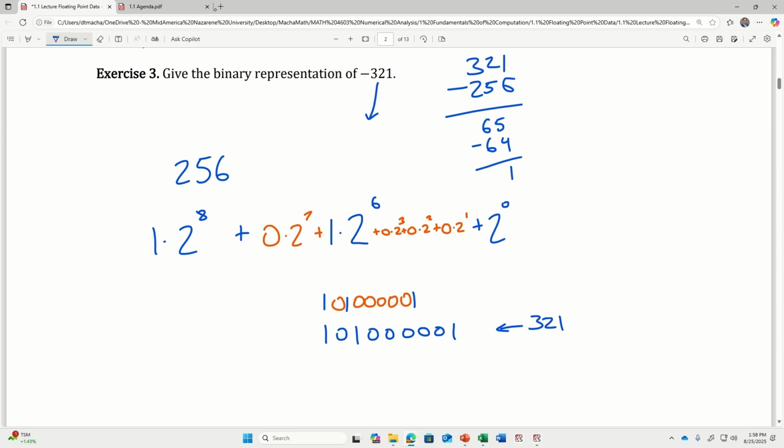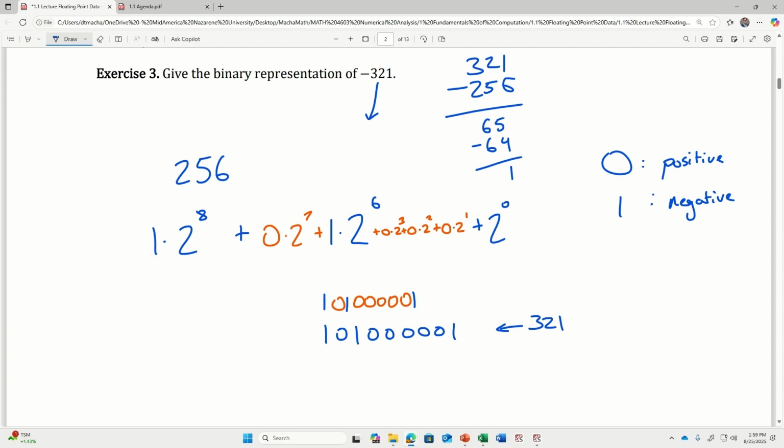To make this negative, I would set aside in my computer memory an extra bit that would tell me, is it positive or negative? And you have to make a choice. You have to say 0 is going to be positive and 1 is going to be negative. In fact, it doesn't really matter, as long as you know what it means, then you can make sure the computer is both saving numbers that way and interpreting numbers the same way. But you've got to choose one to be positive and one to be negative.